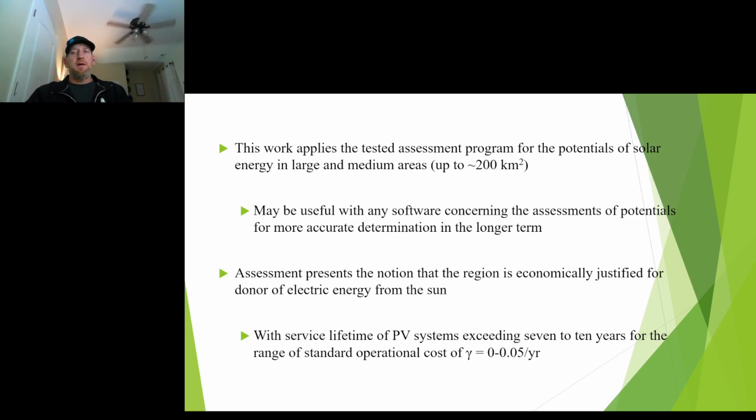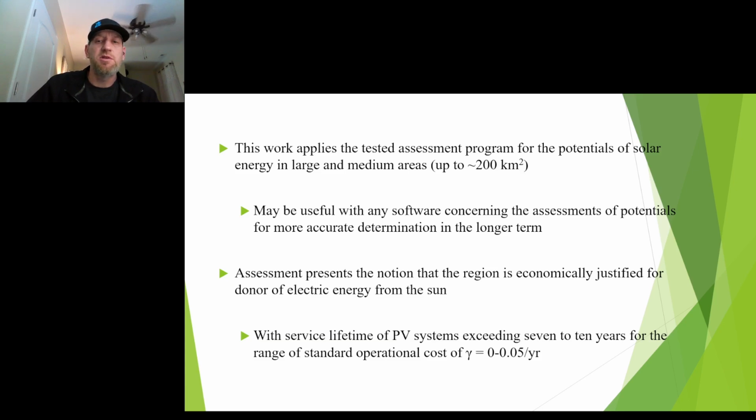So this work applies the tested assessment program for the potentials of solar energy in large and medium areas. This includes up to 200 square kilometers. It also may be useful with any software concerning the assessment of potentials for more accurate determination in longer term.